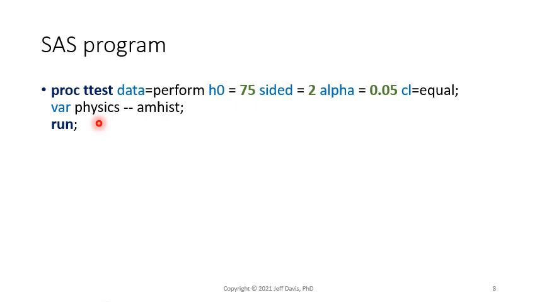I can just list the first variable, followed by 2 hyphens, dash, dash, followed by the last variable in the series. SAS will automatically read that series and start with physics and take every variable until I get to American history, which will be the last one that it uses.